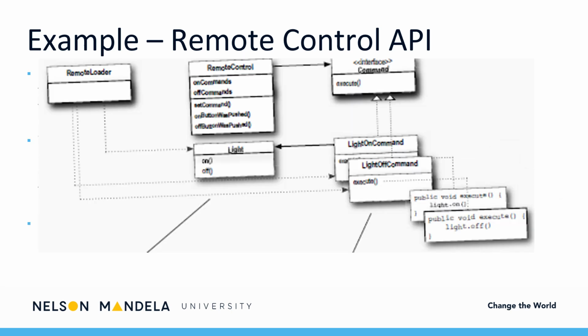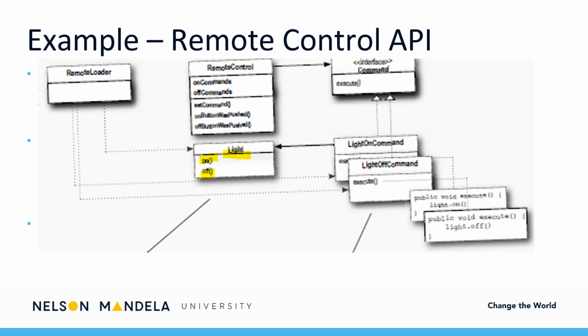Okay, so let us just look at the class diagram now. I'm hoping that this is a little bit clear to you. We've got our receiver, which is the light, which knows how to turn on a light, and it also knows how to turn it off.